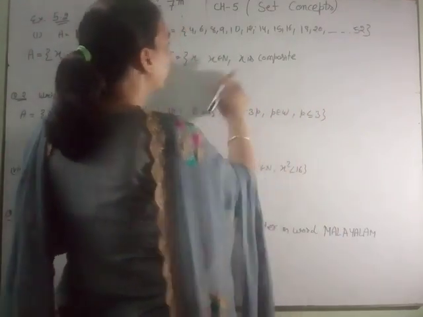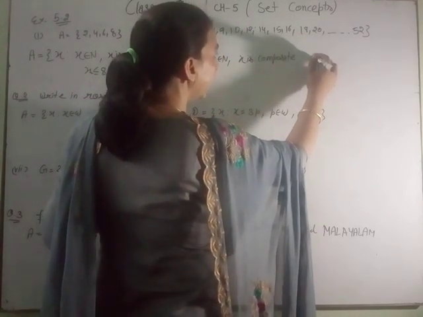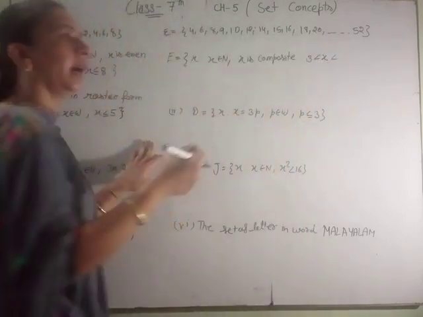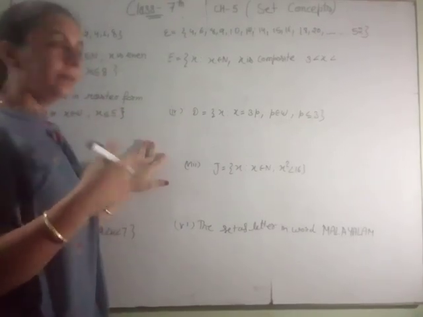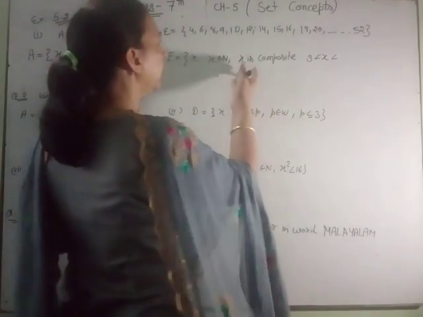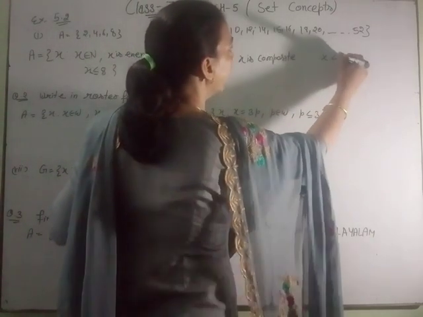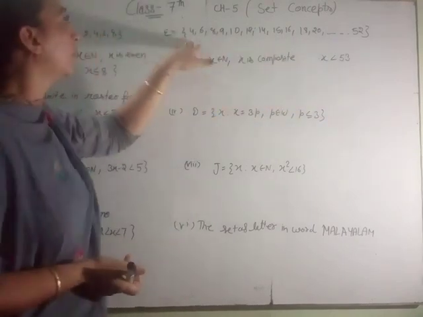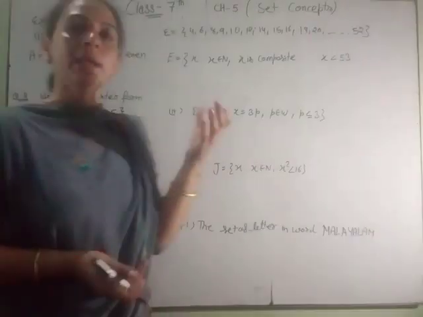So we write all composite numbers x greater than 3 and less than 53, because 1 is not composite, 2 is prime, 3 is also prime. All composite numbers less than 53, then 4, 6, because 1, 2 and 3 are also prime numbers.